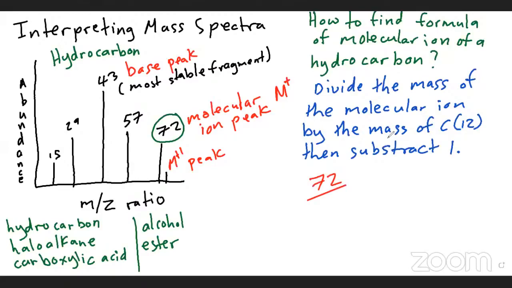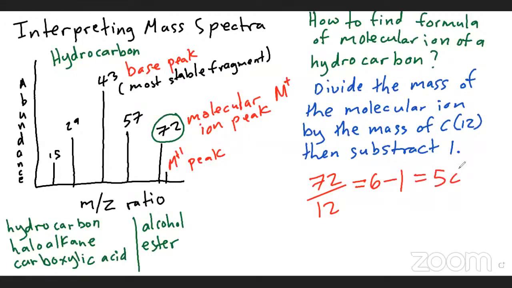And you are to divide it by the mass of carbon. You know the atomic mass is 12. So 72 divided by 12 is 6. And then you are going to subtract 1 from it. So our compound has 5 carbon atoms.